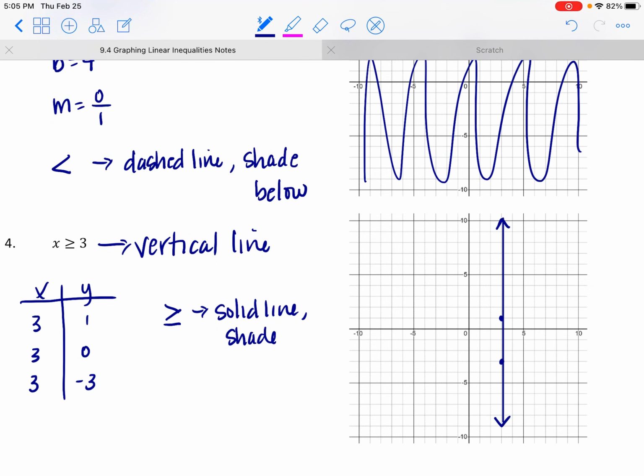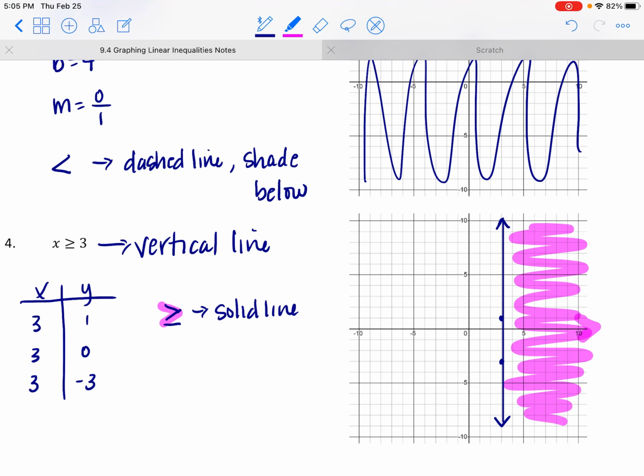Well, we can't be above or below a vertical line, but we want to be greater than. So look at the symbol and look at which way it's pointing. Where are we? Greater than 3. So greater than points this way, so we want to shade everything that is over in this area.